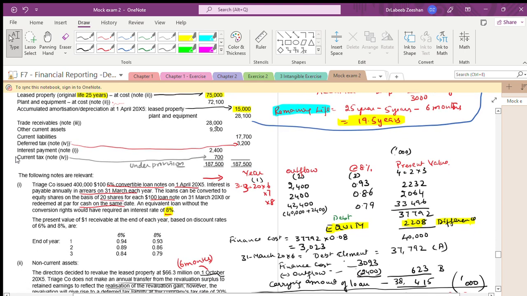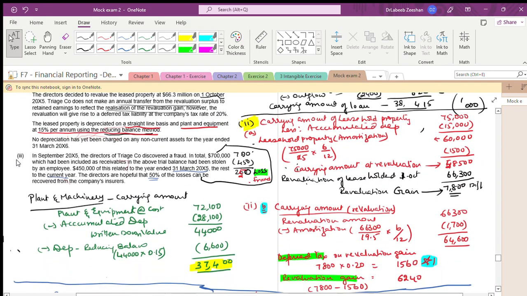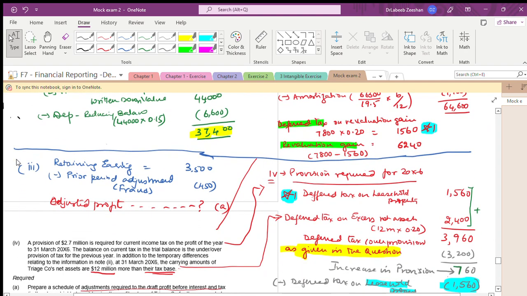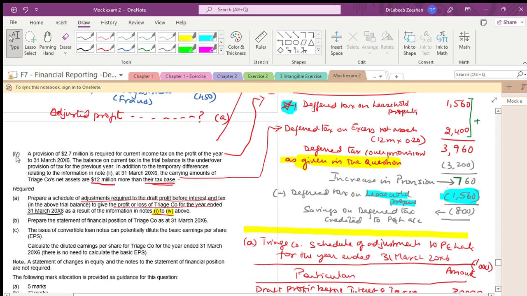They need 2,700. Current tax is 700. Increase in provision, we have calculated. Not an increase, it's a saving.